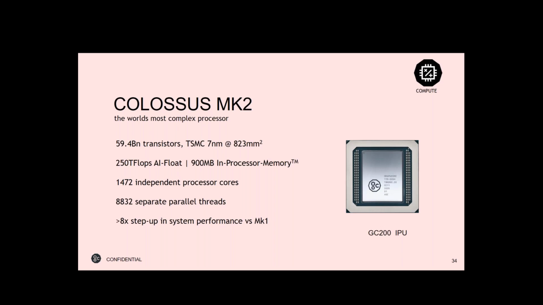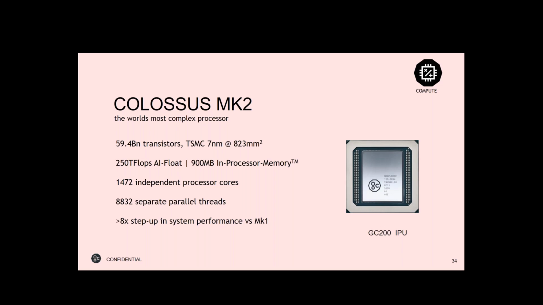We've got 59.4 billion transistors, and it's built in TSMC's 7nm technology. Within the die, we've got 900 megabytes of SRAM, and this enables 250 teraflops of AI float compute capability.